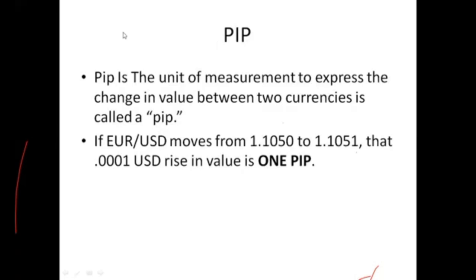We also have what we call a pip. Okay, a pip simply means the unit of measurement used to express the change in value between 2 currencies or 2 commodities. Now, we're using currency pairs as a typical example.